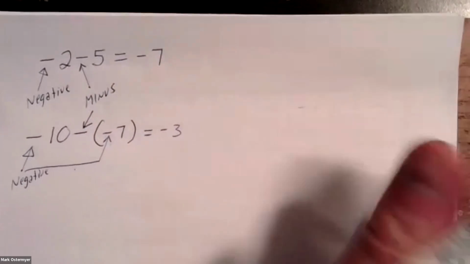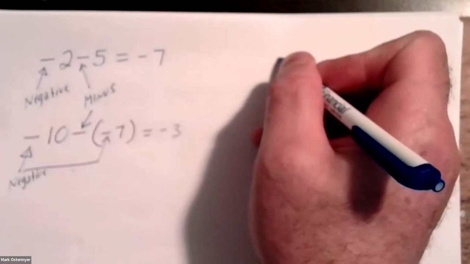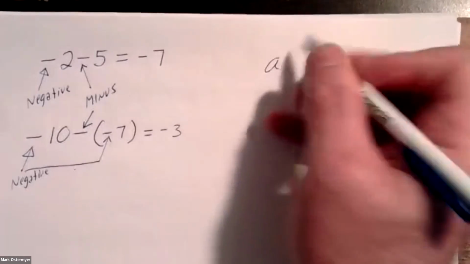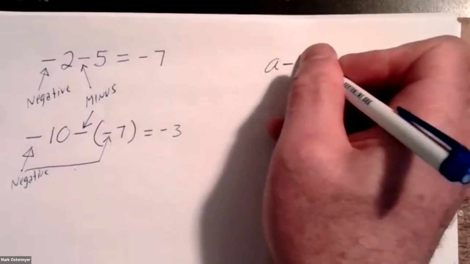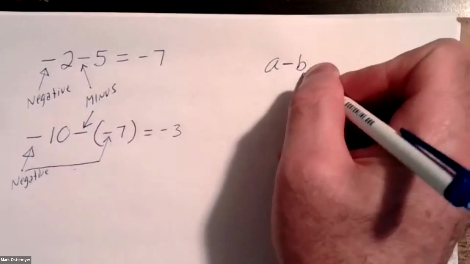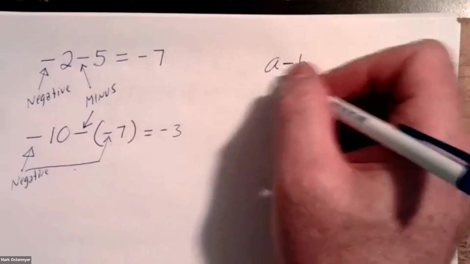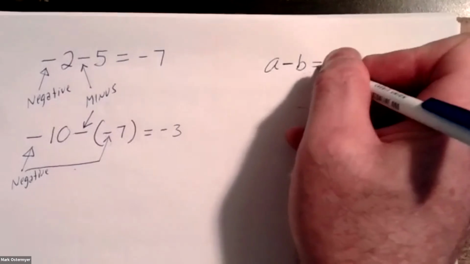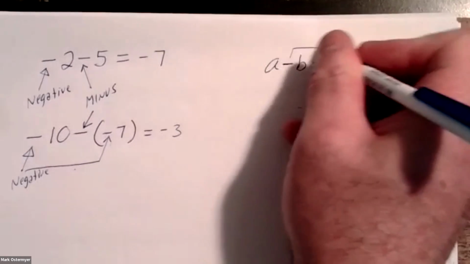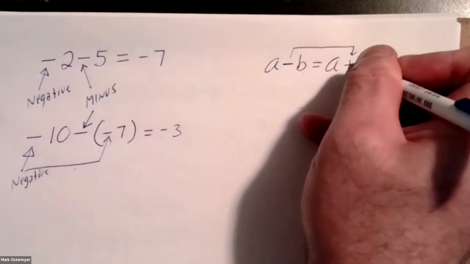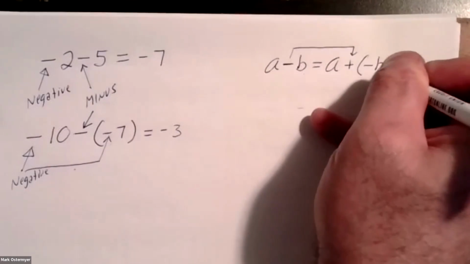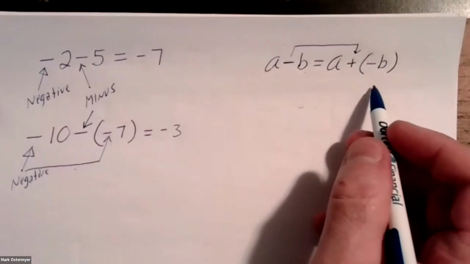Well, ladies and gentlemen, the way it works is subtraction is the same thing as adding the opposite. So when you take some number A and subtract off some other number B, just to keep this argument general here, it's the same thing as changing subtraction to addition and adding the opposite of the number being subtracted off.